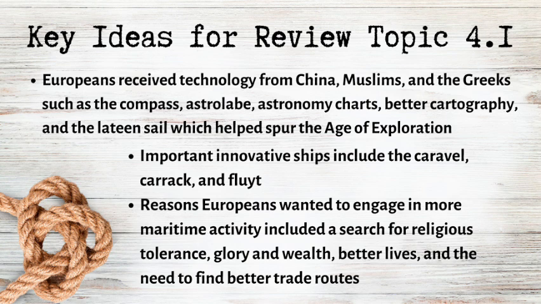Europeans received technology from China, Muslims, and the Greeks, such as the compass, the astrolabe, astronomy charts, and better cartography, as well as the lateen sail, which helped to spur the age of exploration. Important innovative ships include the caravel, the carrack, and the Vloot, and the reasons Europeans wanted to engage in more maritime activity included a search for religious tolerance, glory and wealth, better lives, and the need to find better trade routes.